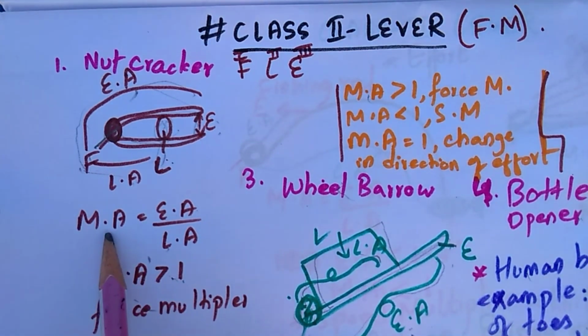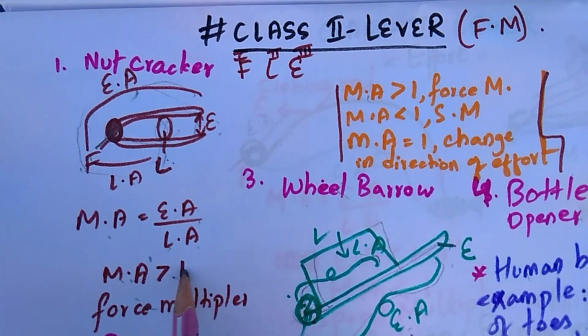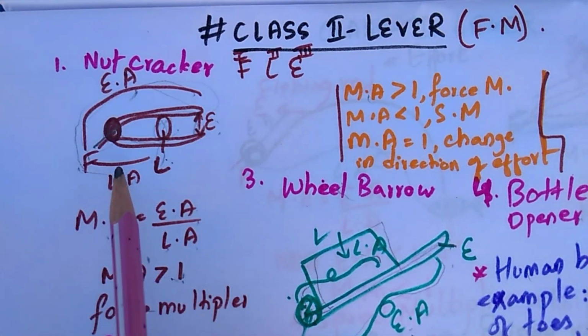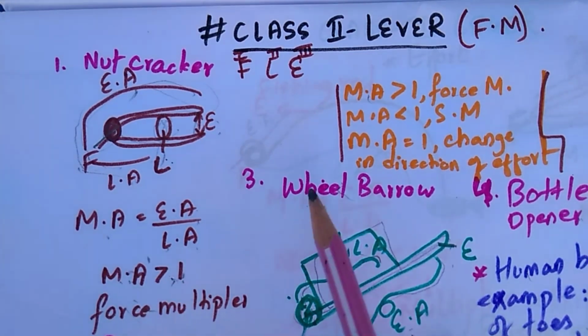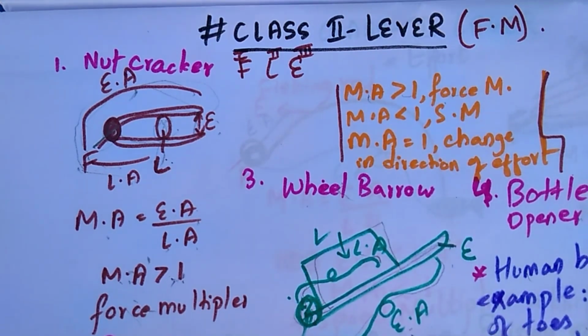Mechanical advantage formula is effort arm upon load arm. Here mechanical advantage is greater than 1 because effort arm is longer than the load arm. If mechanical advantage is greater than 1, then it is a force multiplier.